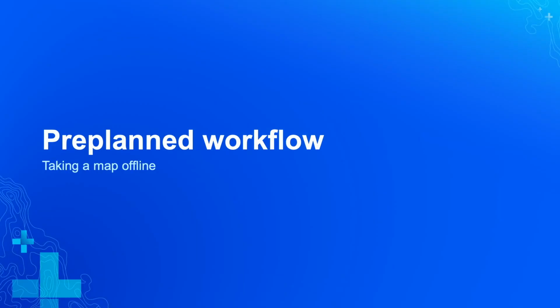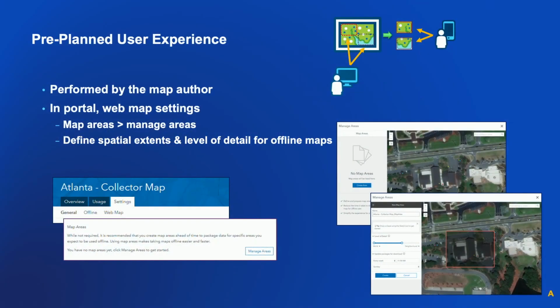So the next thing we want to talk about in taking maps offline is another workflow that we call pre-planned. In the pre-planned workflow, the map author is in the driving seat. He or she decides how the map goes offline, what layers it includes, what areas, whether it has attachments, and all of that.